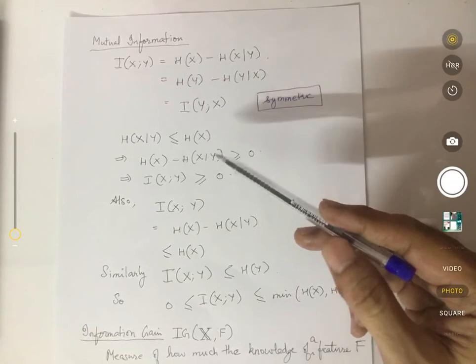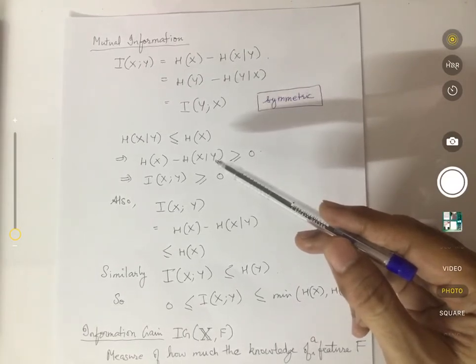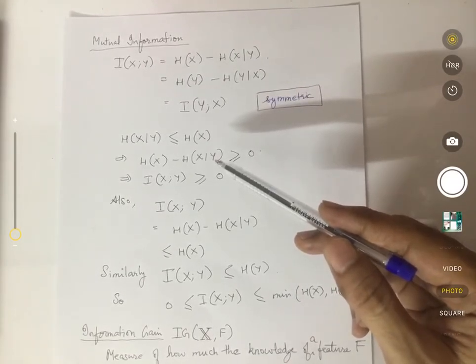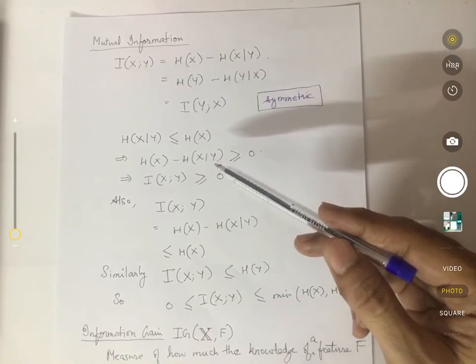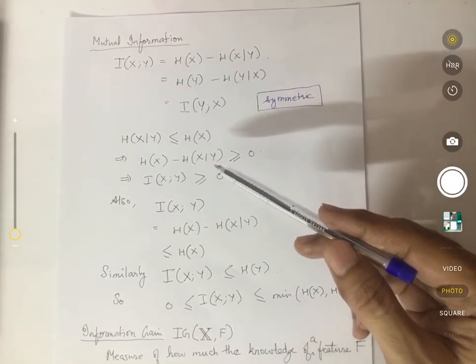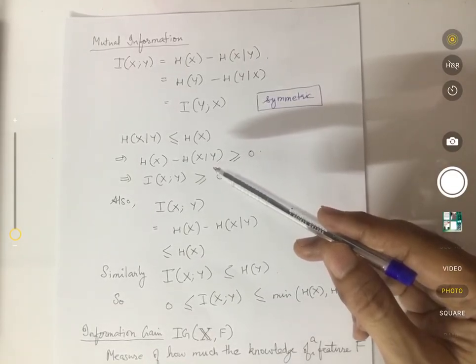Then you could find out features which are relevant by just finding out features which give you a higher value of mutual information.